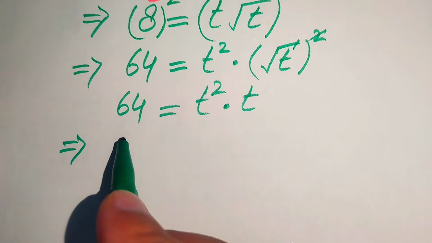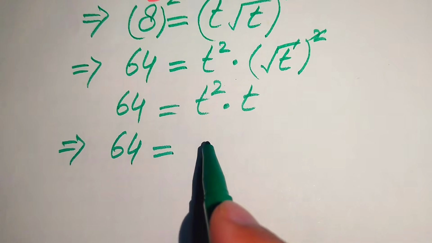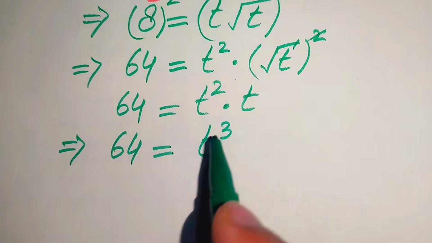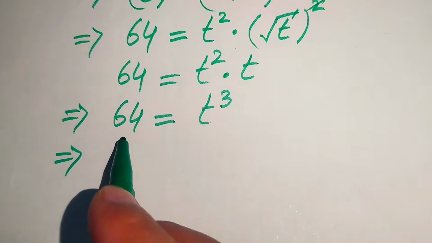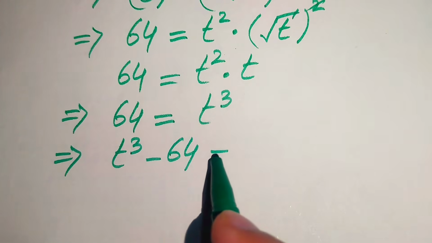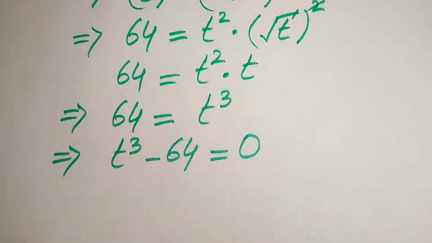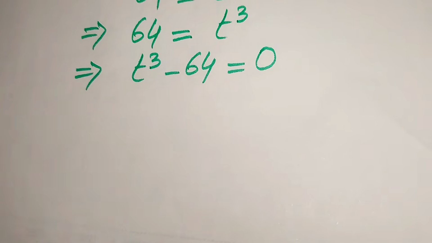Further in the next step we have 64 is equal to t squared multiplied by t, which is equal to t cubed. And now we move 64 to the right hand side, and we obtain t cubed minus 64 is equal to 0. So after a little bit of simplification, you see here we convert our given equation into cubic form.